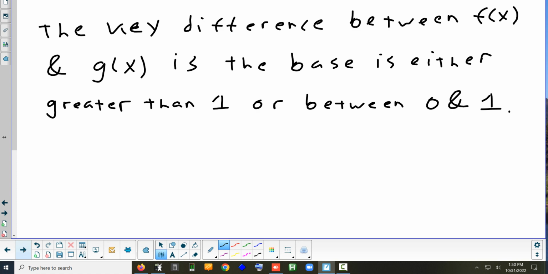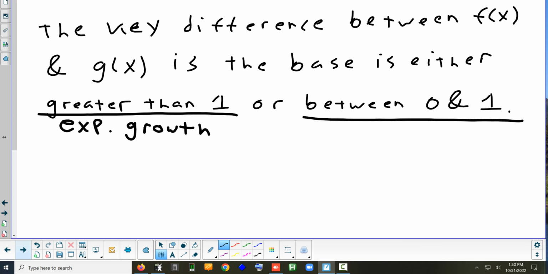If your base is greater than 1, that's going to give you an exponential growth graph. 2 to the x, 3 to the x, 5 to the x, 12.7 to the x. Any number bigger than 1 is going to give you exponential growth.